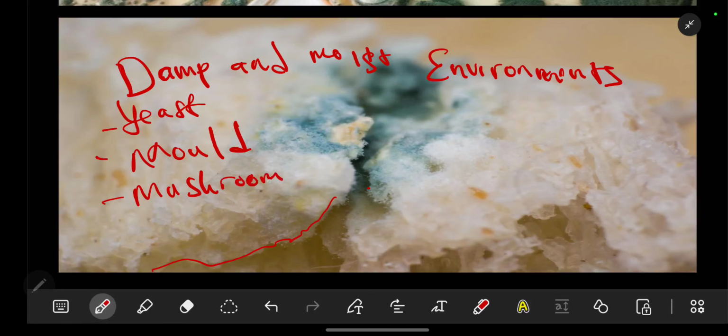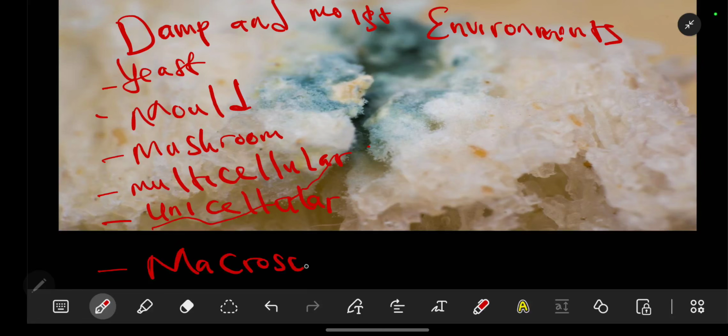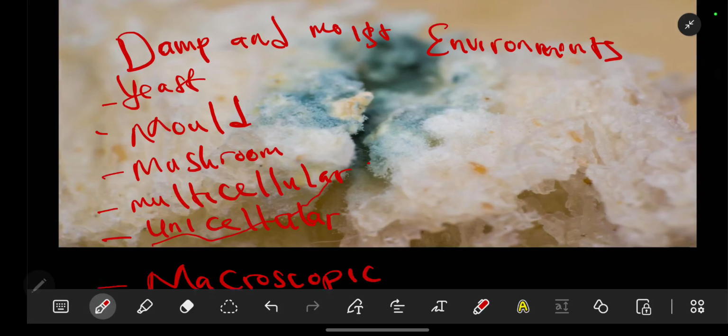Now fungi is either multicellular, meaning it has got a lot of cells, or it can be unicellular, meaning just one cell. Then the other thing is that it can either be macroscopic, meaning huge.